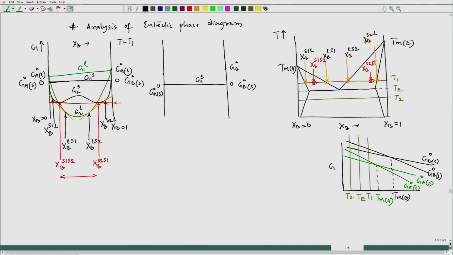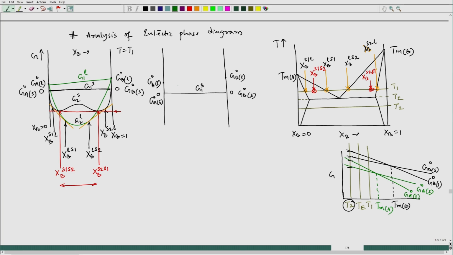This is GB naught liquid, this is GB naught, GA naught liquid. Why will that gap widen? Because if I go to T2 temperature, you see the gap between these two liquid and solid free energy lines is increasing as compared to T1.